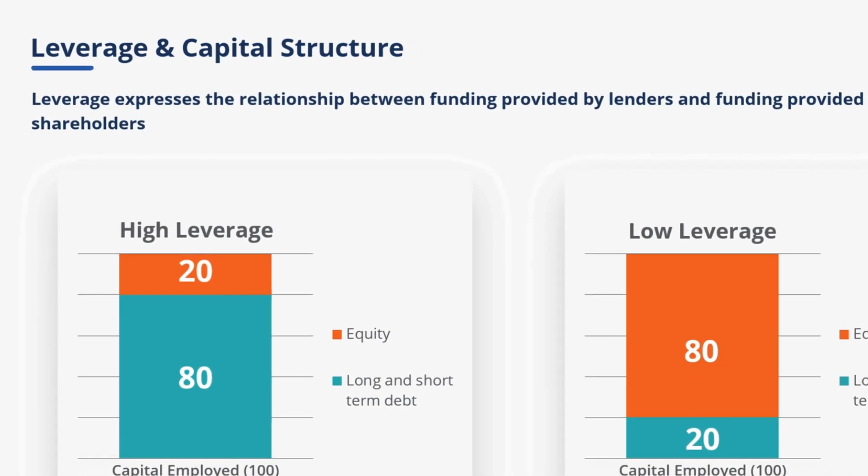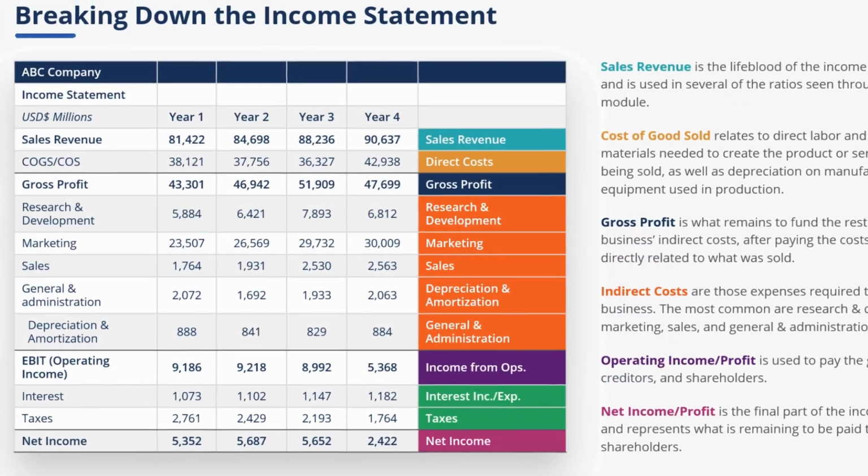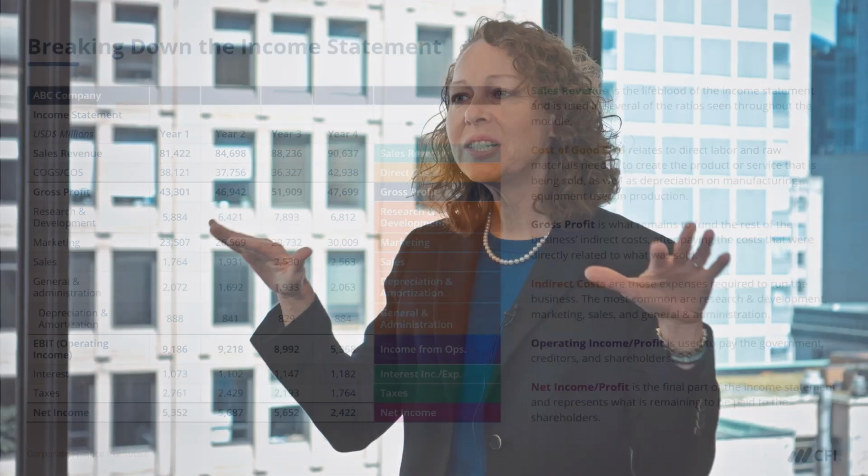Undertake a vertical analysis to determine profitability from the income statement and proportionality from the balance sheet. Undertake a horizontal analysis to spot trends and analyze their meaning. Perform industry benchmarking, and use all this plus much more to help guide your assessment of an organization, its competitive advantage, and its management team.